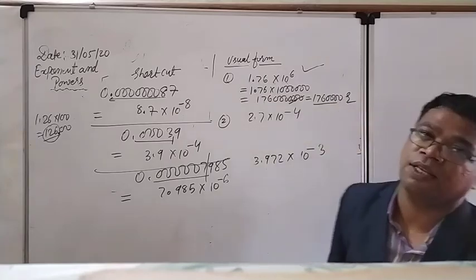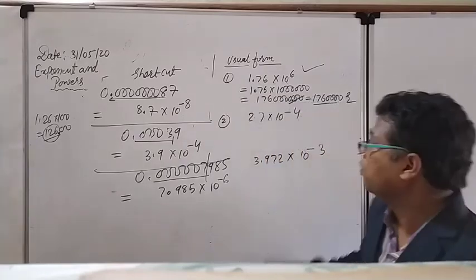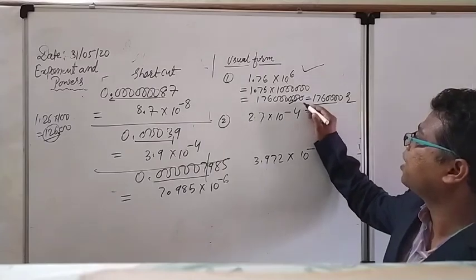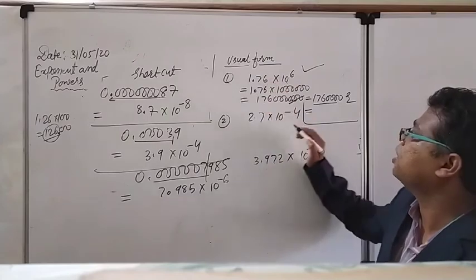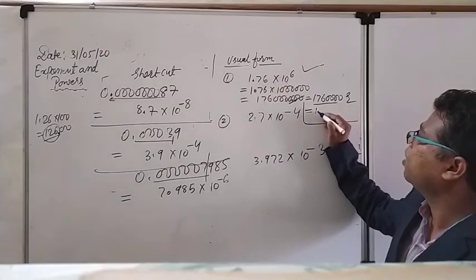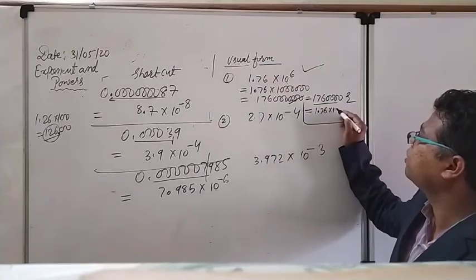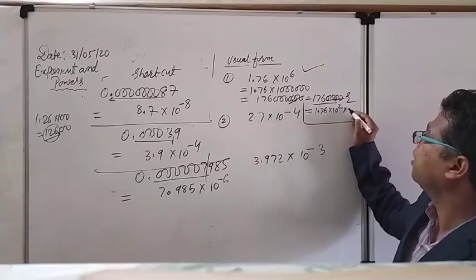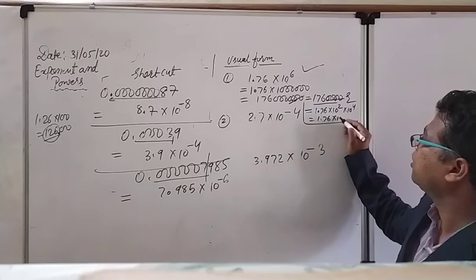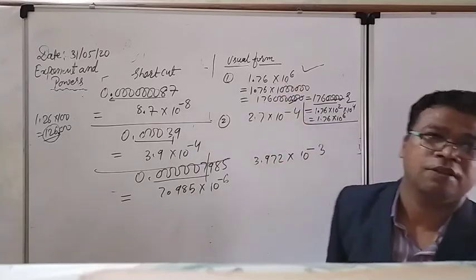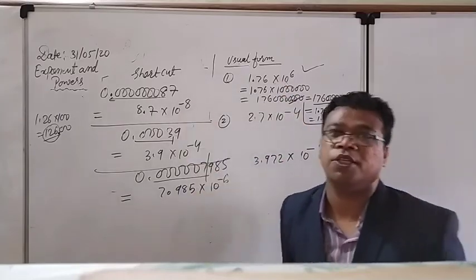That is my answer in the usual form. And if you take this and convert it into the standard form, you will get the question again. I will write down 1.76 into 10 squared, and 10 to the power 4, so again I get the same thing, 1.76 into 10 to the power 6. Same thing I have explained in the standard form also.